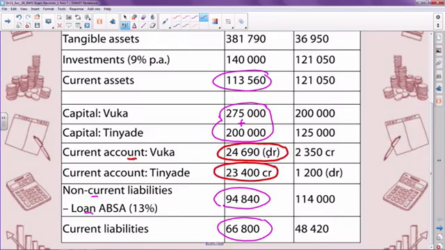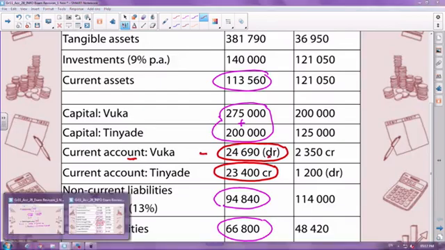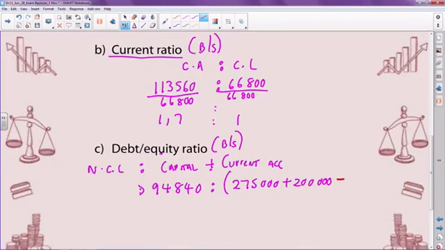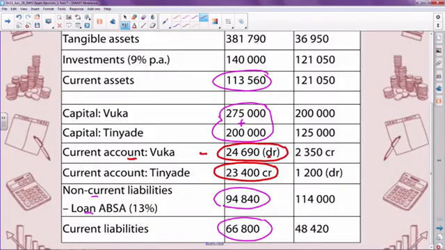So immediately remember, debit implies that it is obviously negative. So minus 24,690, and then the next balance is credit. So 23,400 is obviously favorable.